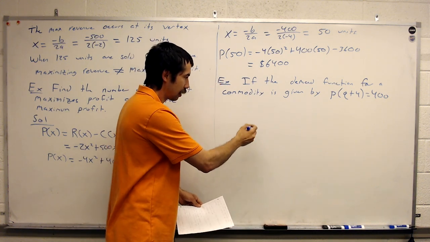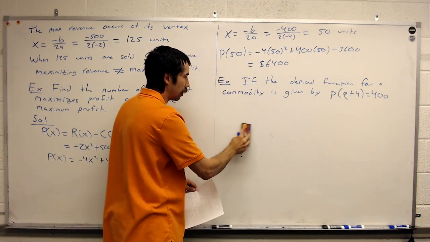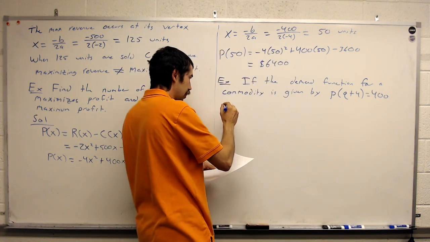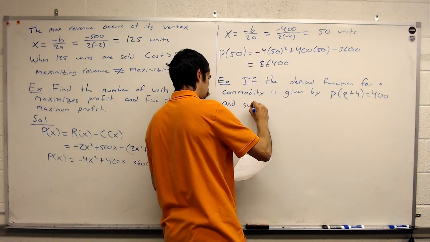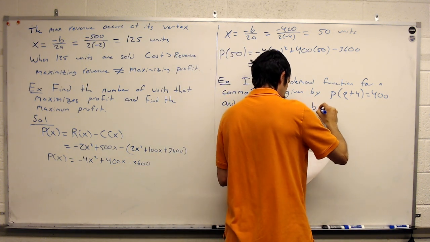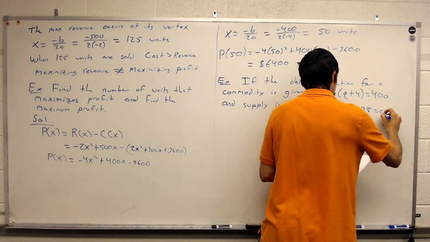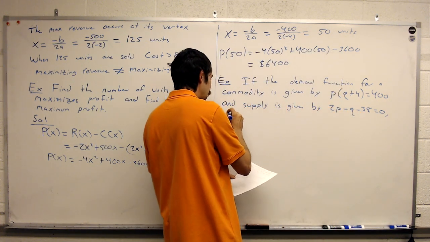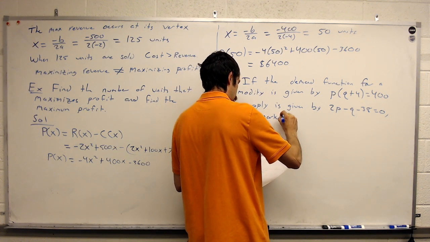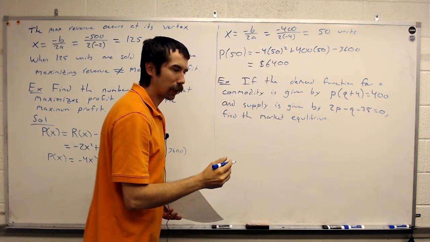Okay, if we were to plot this, it would have kind of this shape, a downward curving shape. But we don't really care about the graph right now. So if the demand function is given by this, and the supply function is given by 2p minus q minus 38 equals 0, let's find the market equilibrium. Okay, so remember what the market equilibrium is.